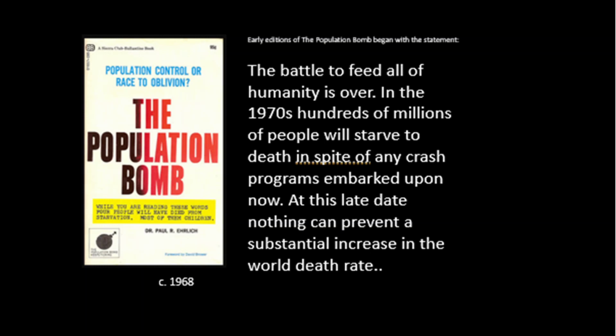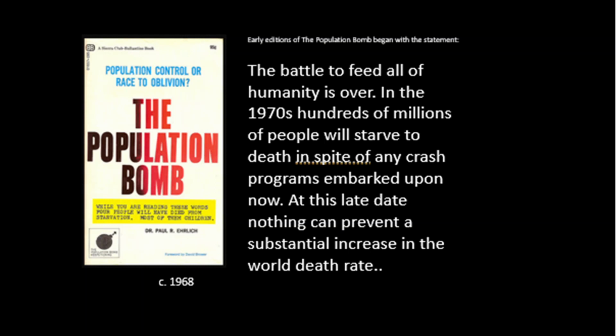Back when I was just about ready to graduate high school, 1968, this book came out by Dr. Paul Ehrlich. And it was called The Population Bomb. And the choice was we could either control population or we would all die out. In fact, in the 70s, hundreds of millions of people will starve to death in spite of any crash programs embarked upon now.